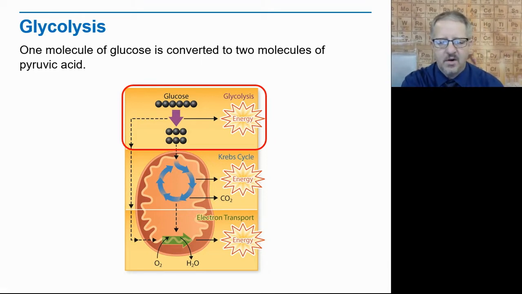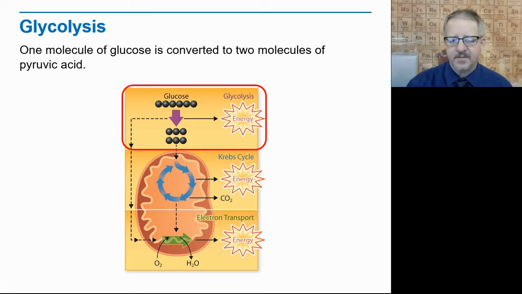It's important to note that it is a 6-carbon compound because as these molecules go through the Krebs cycle, we're basically going to count the carbons, and that's going to help us understand this whole process as we go through here. So again, glycolysis begins with this one molecule of glucose, a 6-carbon compound, and you see that right here at the top.